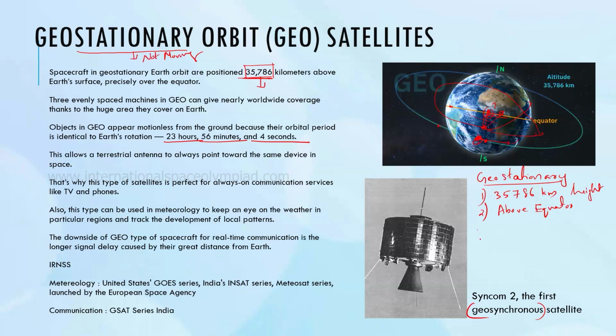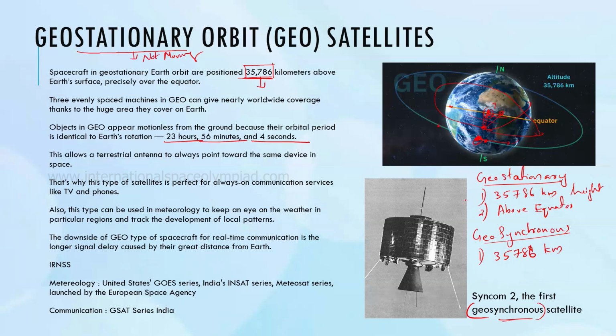Now there is another kind of satellite called geosynchronous. Geosynchronous has only one condition: it has to be at a height of 35,786 kilometers. That is the only condition.